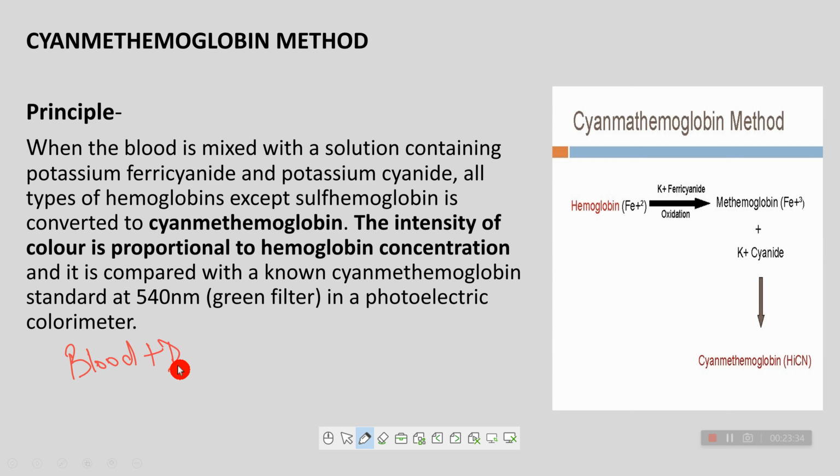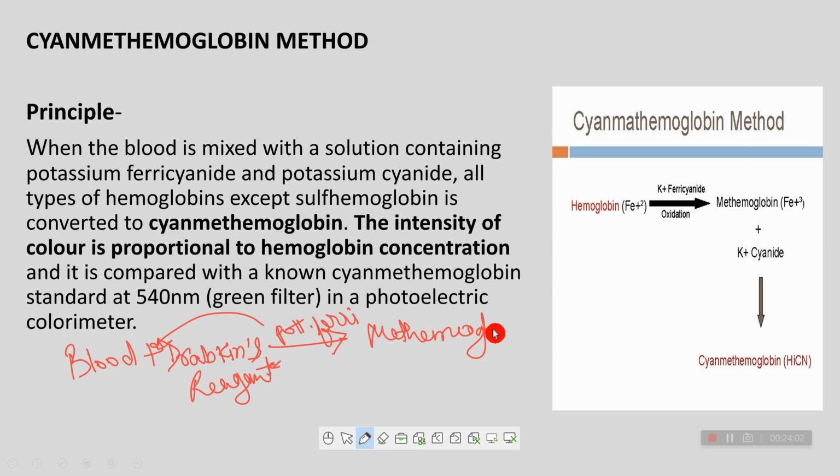So let's focus on the principle. When the blood is mixed with Drabkin's reagent, the potassium ferricyanide present in the Drabkin's reagent converts the hemoglobin present in the blood into methemoglobin.